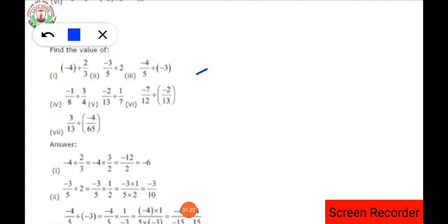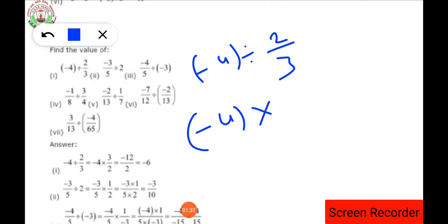Okay. So minus 4 divided by 2 by 3 we are having, isn't it? If we want to change this divide sign into a multiplication sign, we have to reciprocate the right hand side 2 by 3. The fraction will be reciprocated. The numerator goes to the denominator and the denominator goes to the numerator, isn't it?